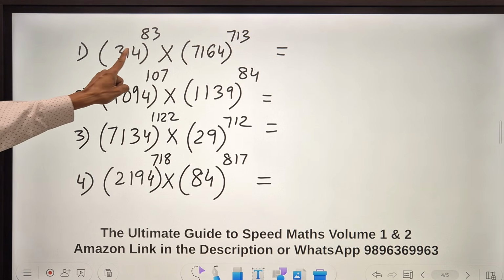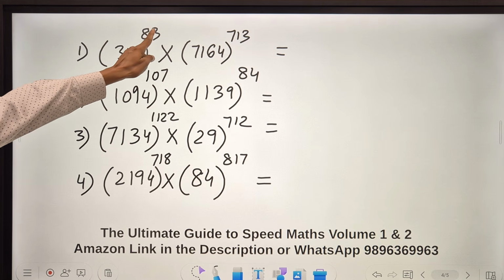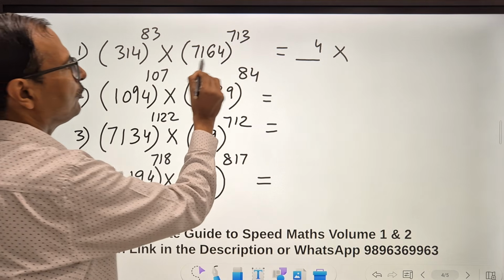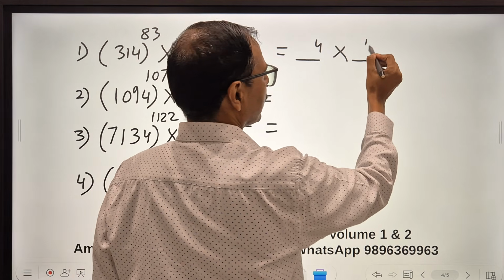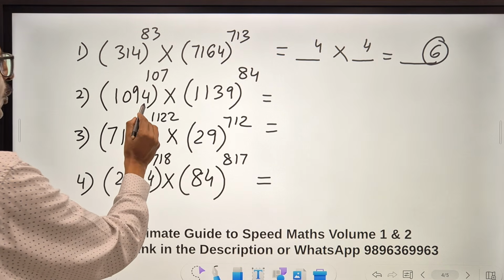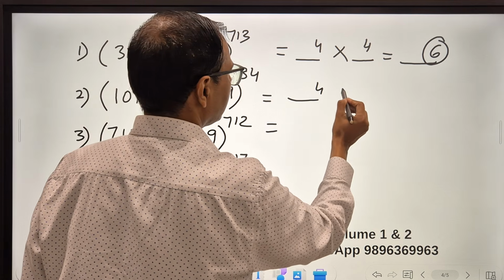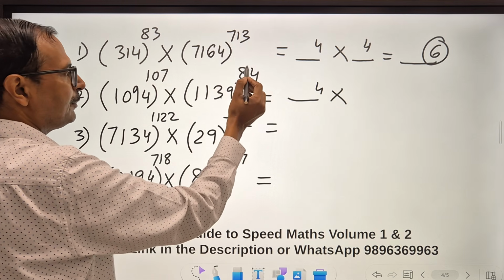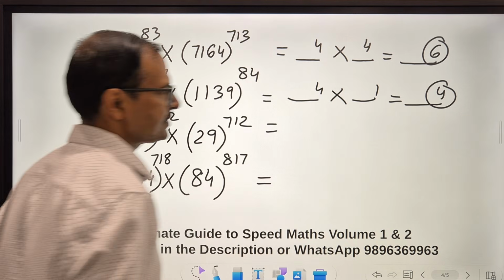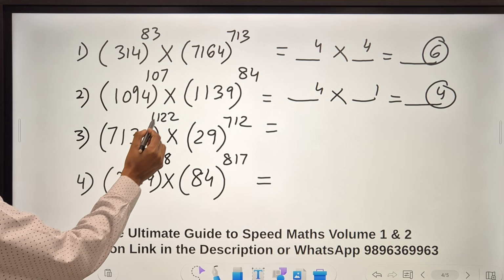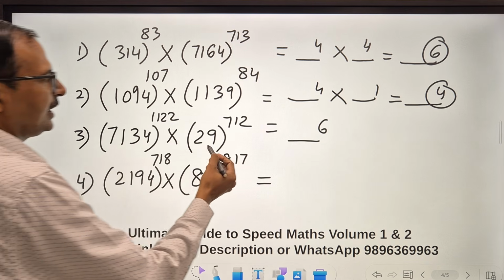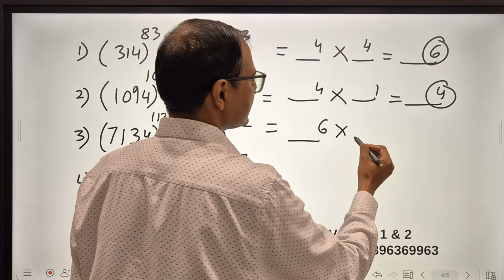See, here we have 4 with an odd power, so this remains 4. 4 with an odd power remains 4. 4 times 4 is 16, so the answer is 6. 4 with an odd power remains 4. 9 with an even power becomes 1, so 4 into 1 becomes 4 as the answer. 4 with an even power becomes 6, because 4 square is 16. 9 with an even power becomes 1.